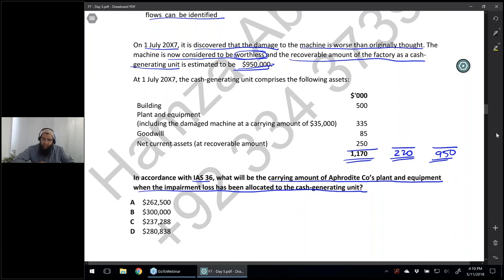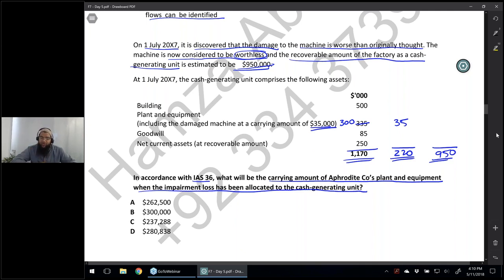Now, first we are going to record the loss of 35,000 in the plant and equipment. So plant and equipment will be left with 300. Apart from this machine, there are other plant and equipment as well. So if I remove 35 from this, the asset which has been completely damaged, it is worthless.